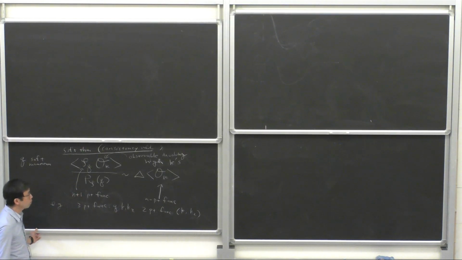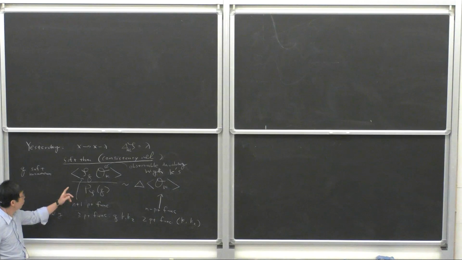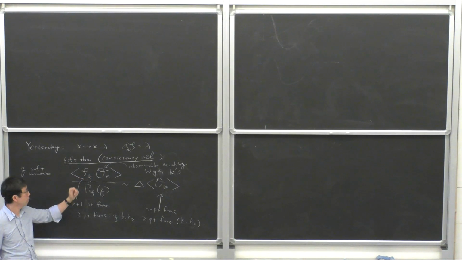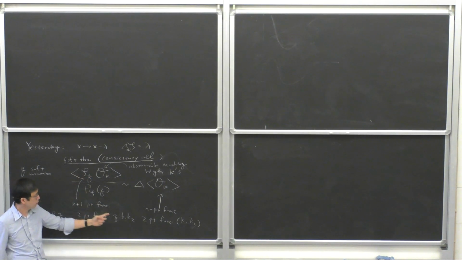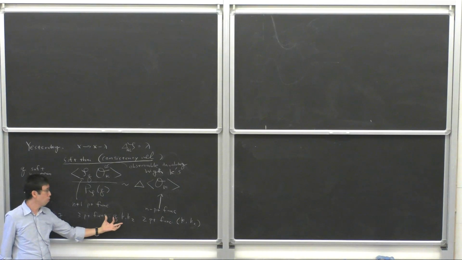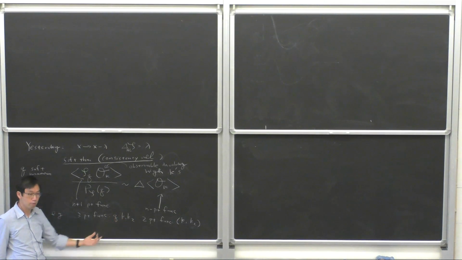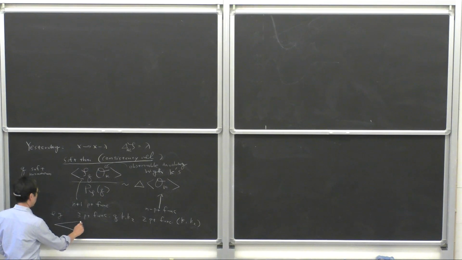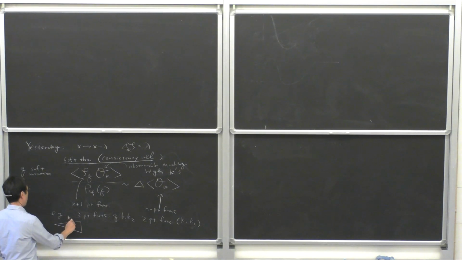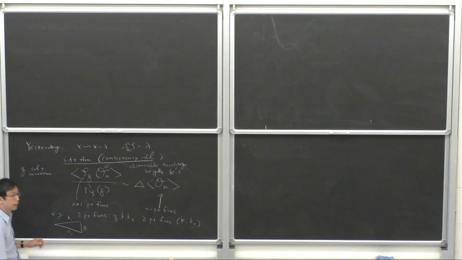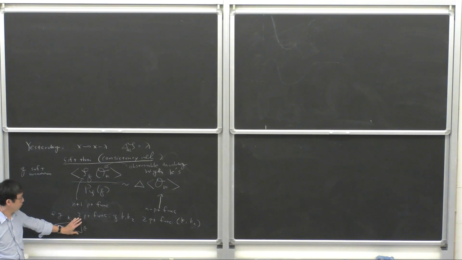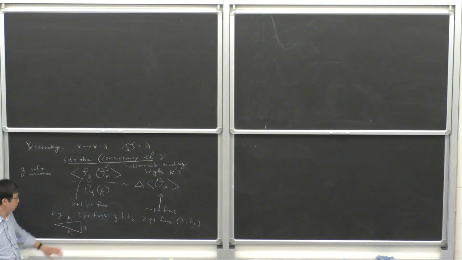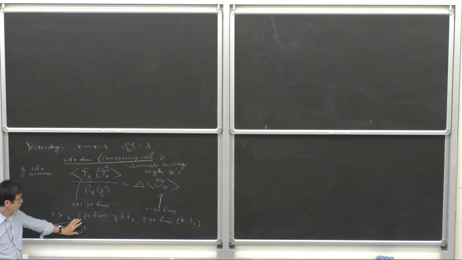By momentum conservation, if I do a 3-point function that involves q, k1 and k2, the momenta have to sum to 0. And so you usually represent it by saying, I have some kind of triangle: that's k1, k2, and q. And you are taking the limit that q is very, very soft. So in momentum space, q is very, very small.